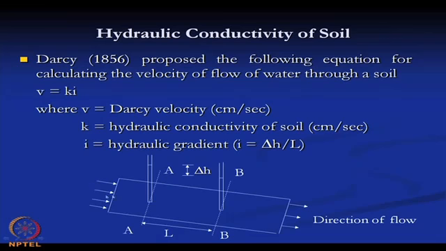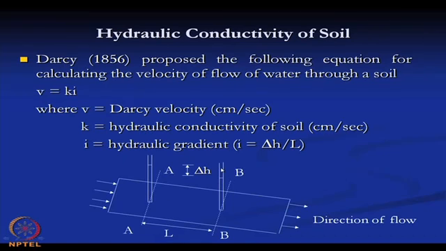If water is flowing in this direction, and if we take the height of the water at two locations, then it will show some difference, otherwise this flow will not occur.